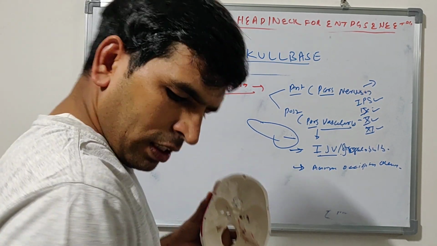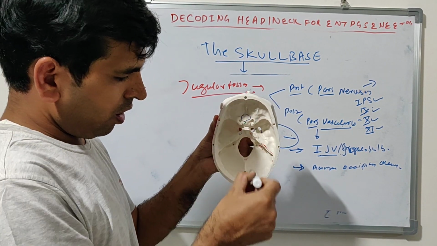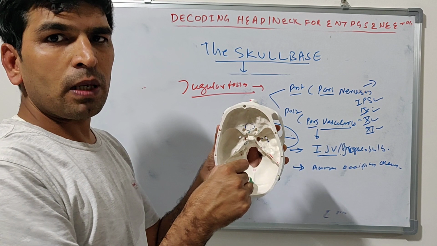Now if you see the posterior-most part of this eminence, it is called the internal occipital protuberance.